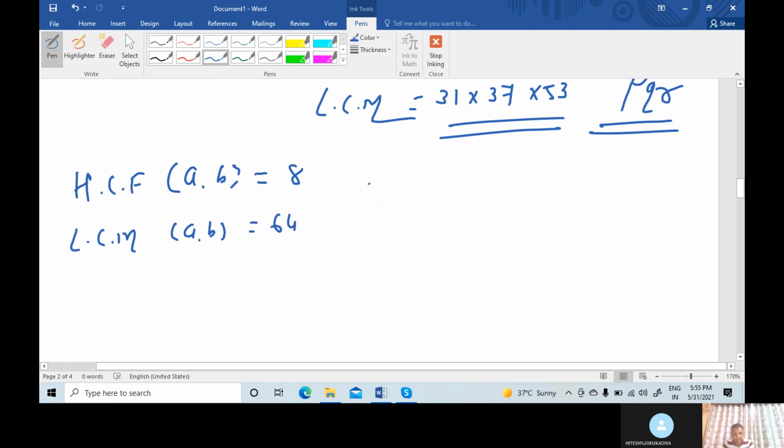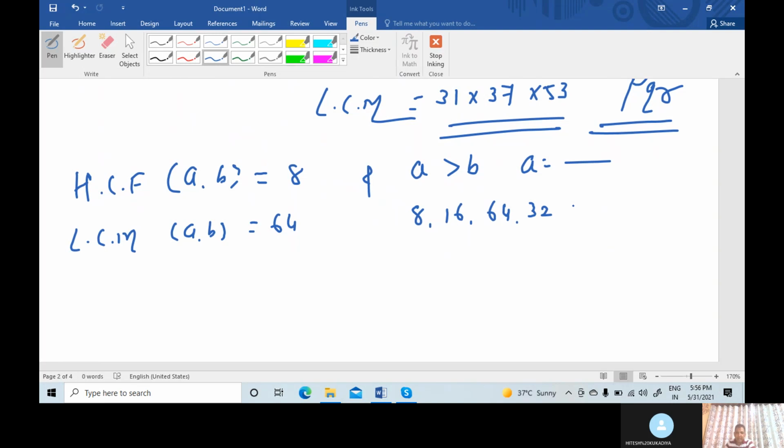Another condition also: A is greater than B. So our question: A equals blank. Our options are 8, 16, 64 and 32. Now check your answer. What is the value of A?